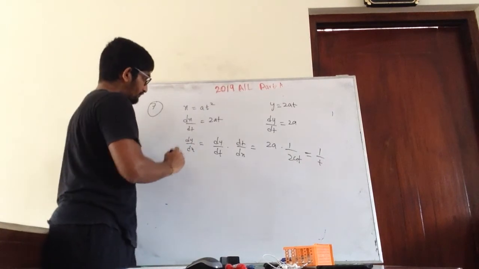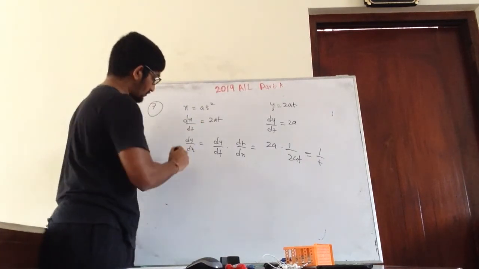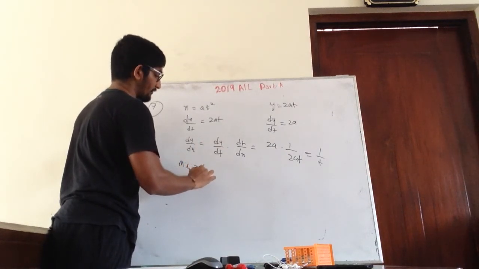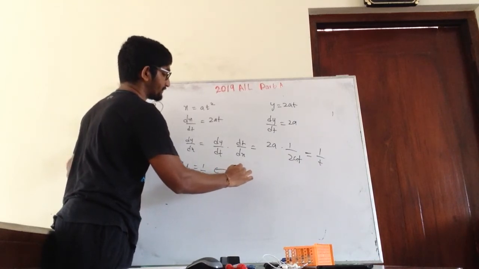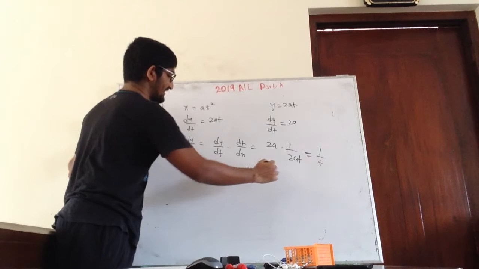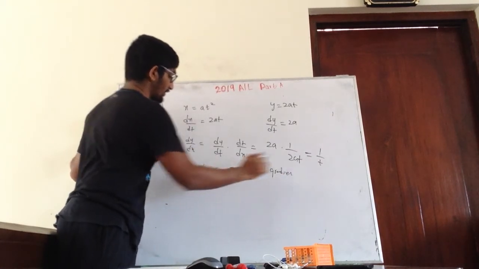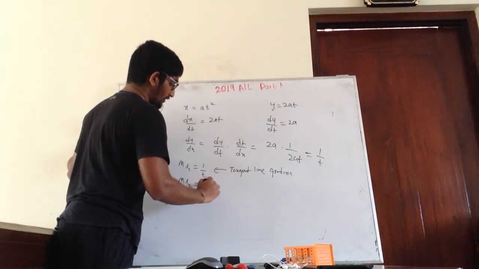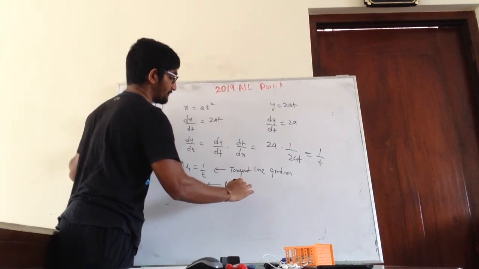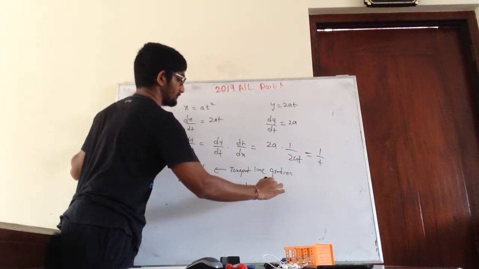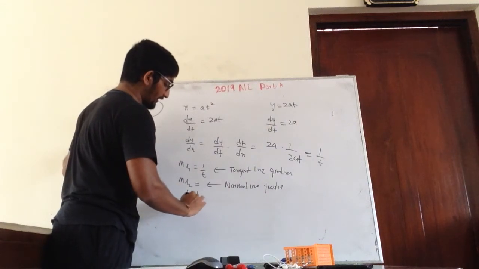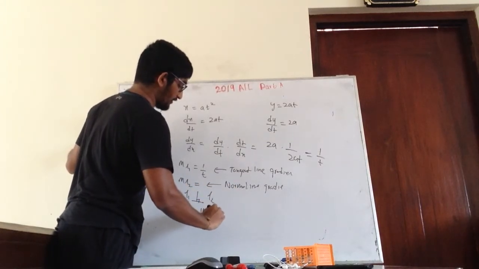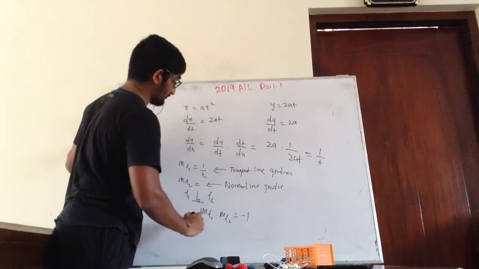Now if I take this as m L1, this is the tangent line gradient, and I take m L2 as the normal line gradient, I know that L1 is perpendicular to L2, so I can take m L1 times m L2 is equal to minus 1.